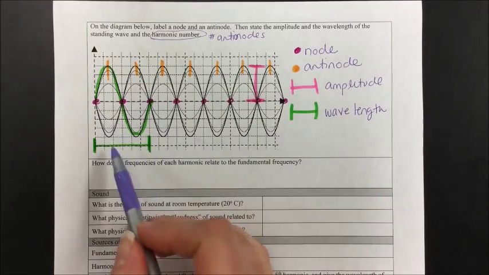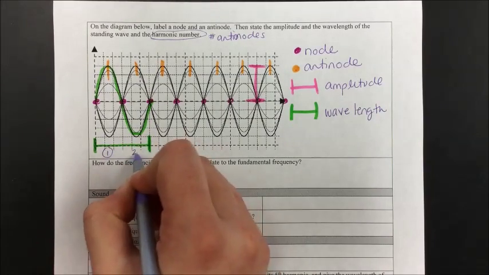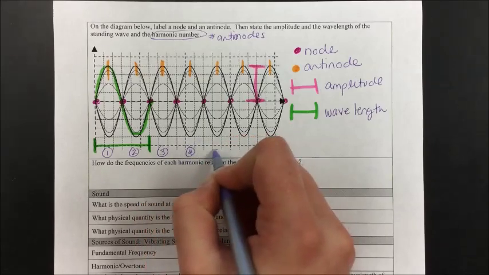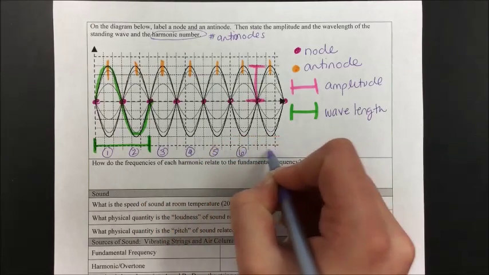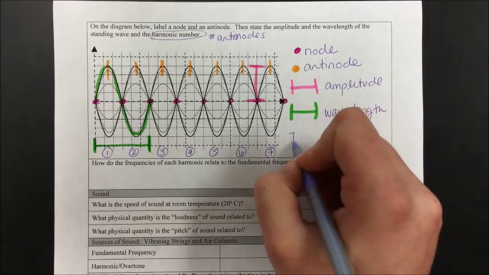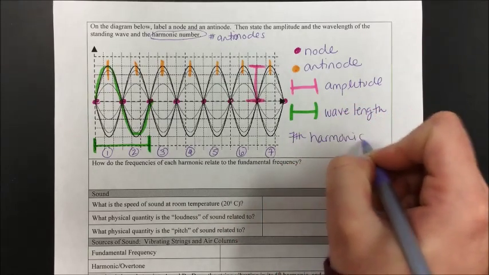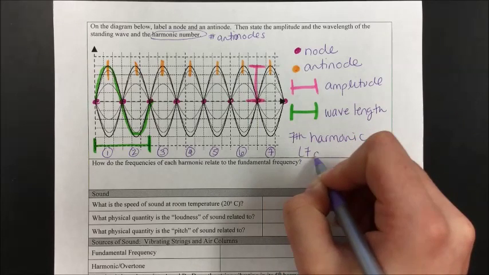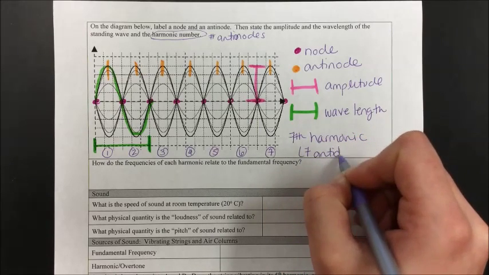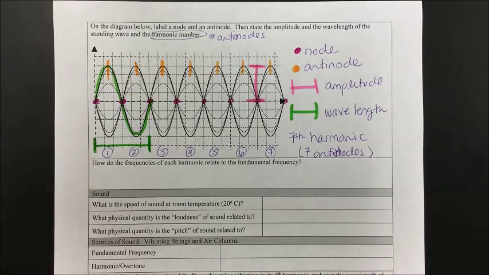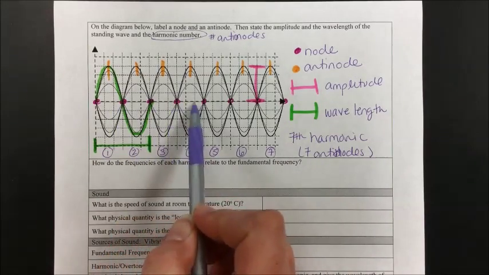So here we have 1, 2, 3, 4, 5, 6, 7. So that makes this the 7th harmonic. Okay, so we have 7 antinodes, or 7 loops, if you want to count them that way.